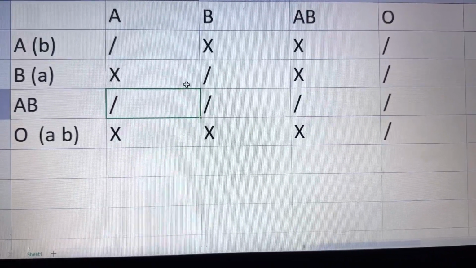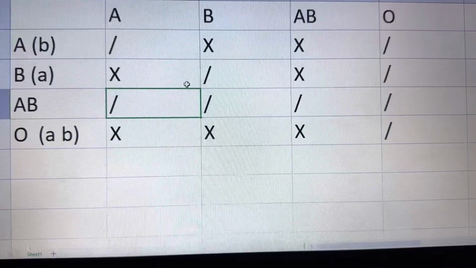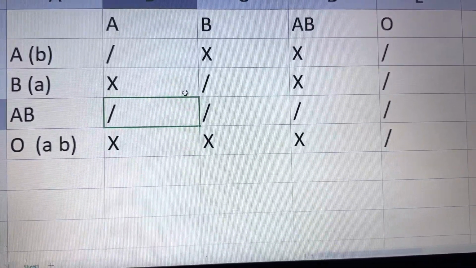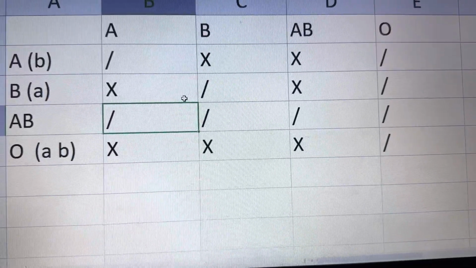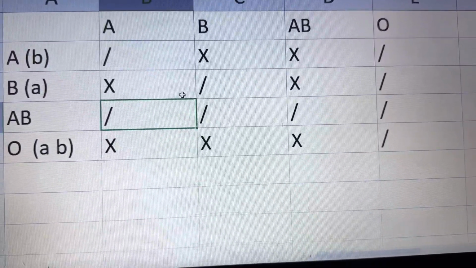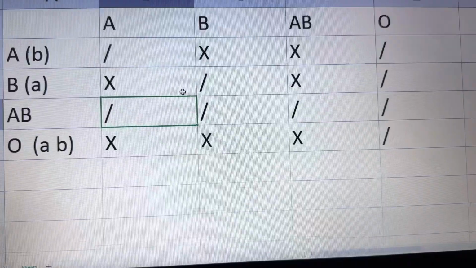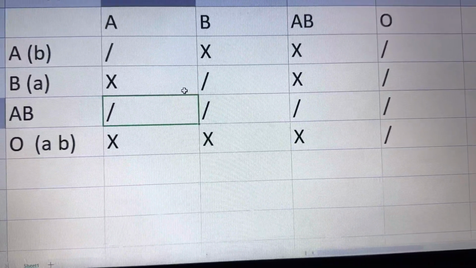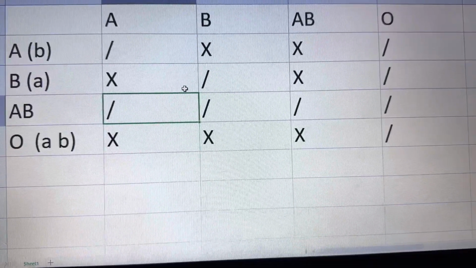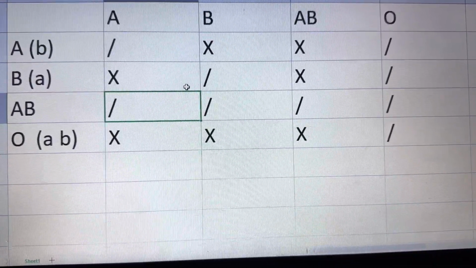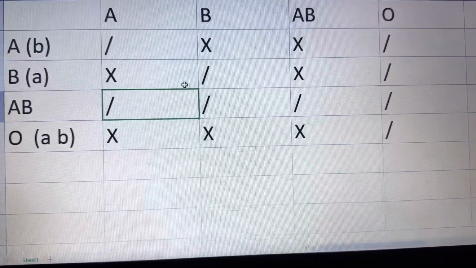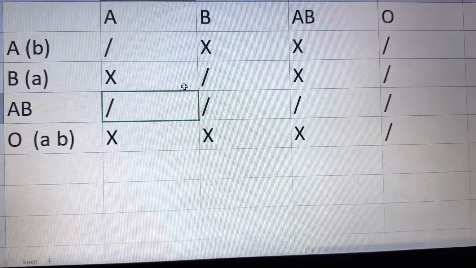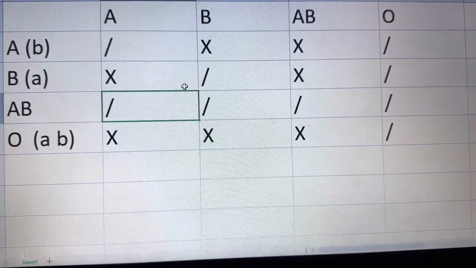So AB is a universal recipient, and we also find that the donor with blood group O can transfuse blood to any blood group. So the donor with blood group O is a universal donor. Those are the basics that you should know about the ABO blood group system.